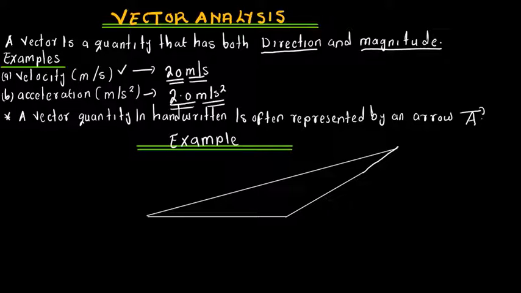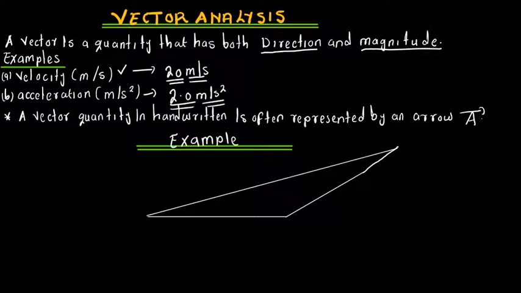And of course, vectors are simply one amongst the two quantities that we have under physics. We also have scalar quantities, but we won't go deep into that. But a very good example of a scalar quantity is simply temperature.